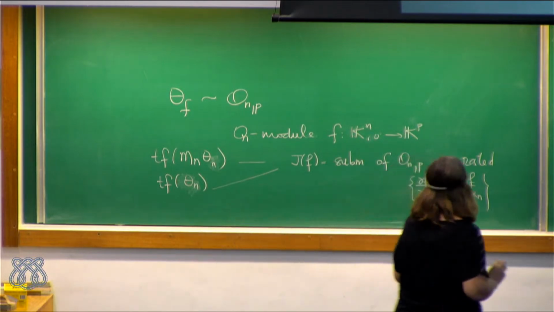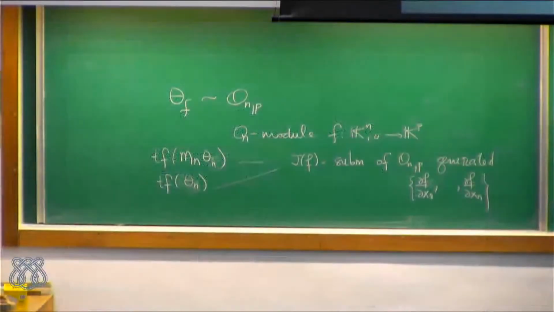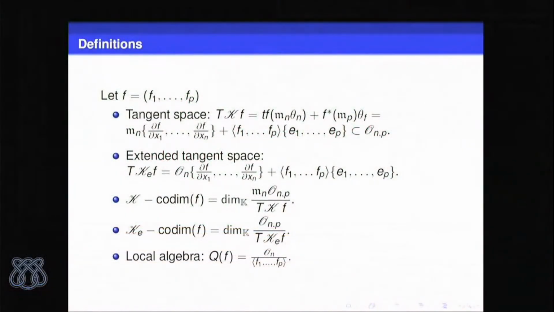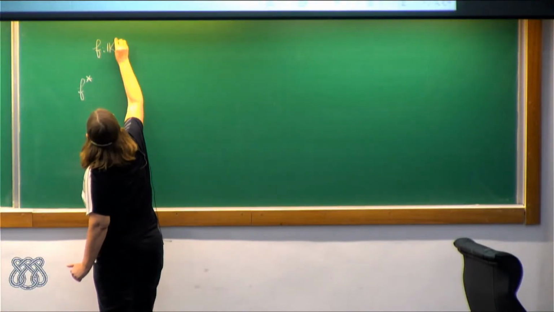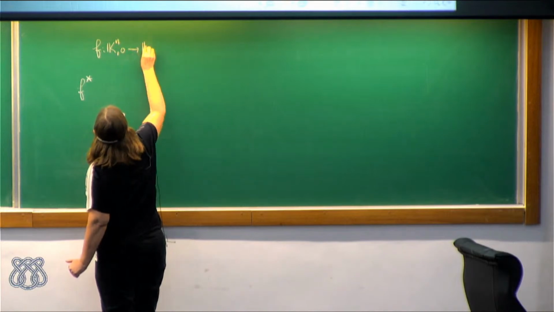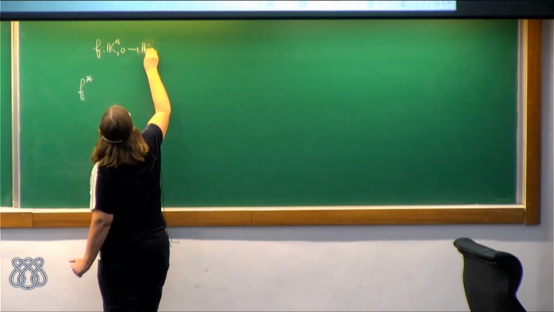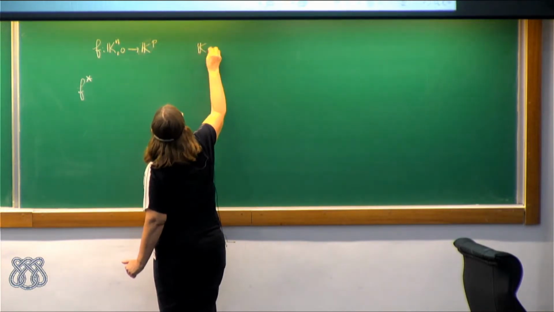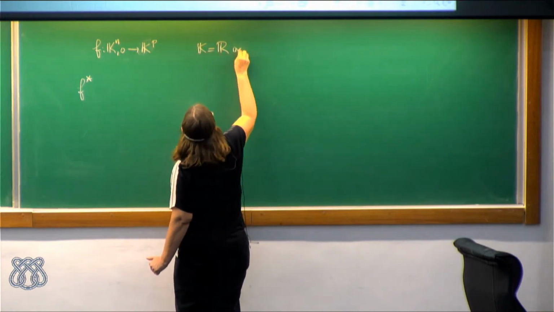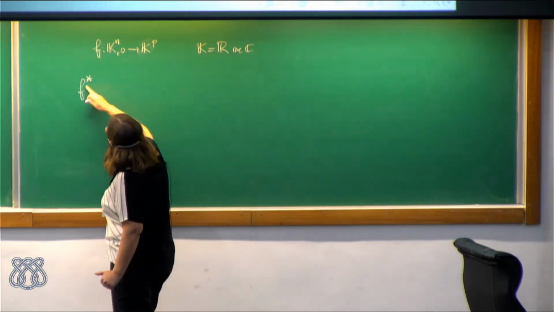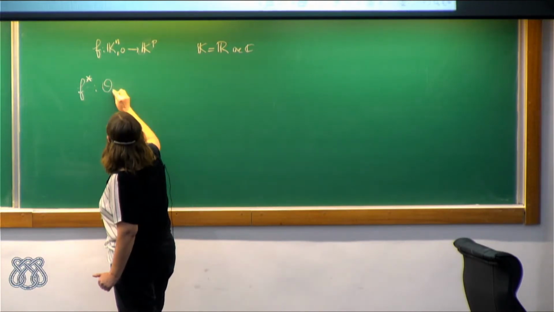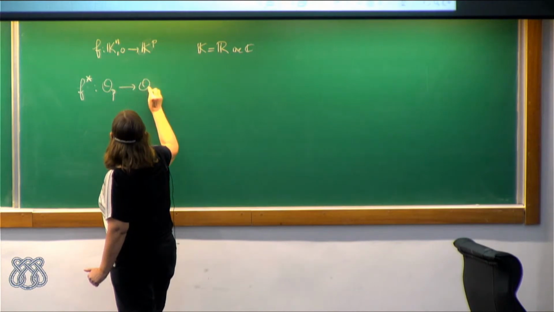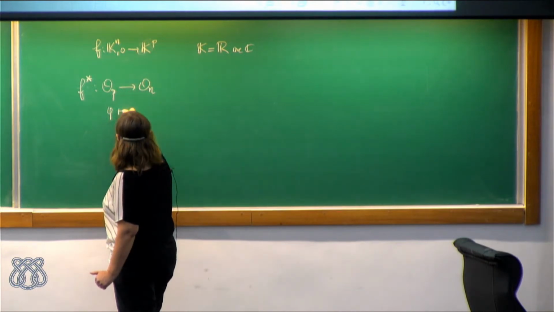Another thing that appears there is this F star. What is this? This is the induced homomorphism. When you have F from K^n to K^p, for us, K means R or C, then you can define this F star from O_p to O_n in the following way.